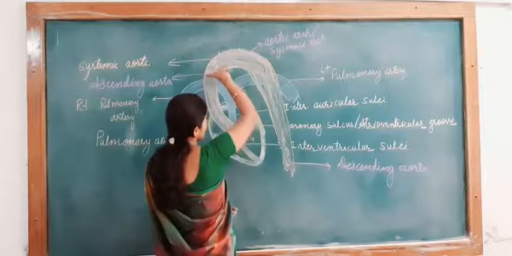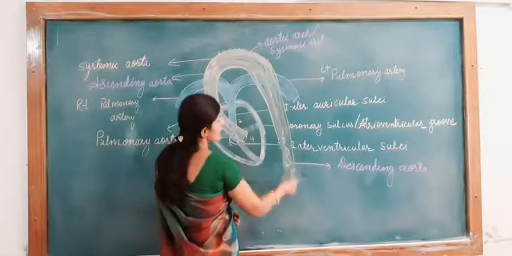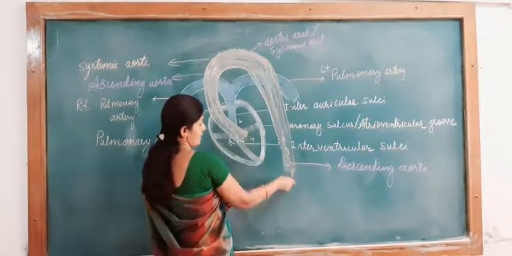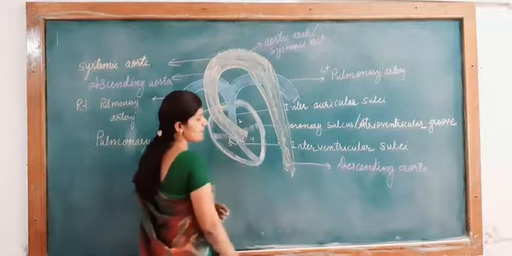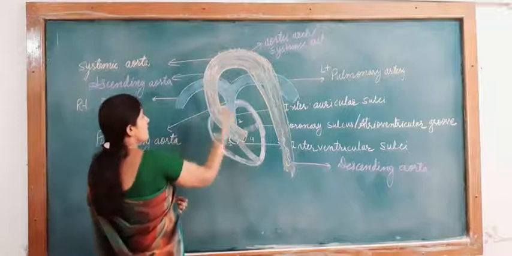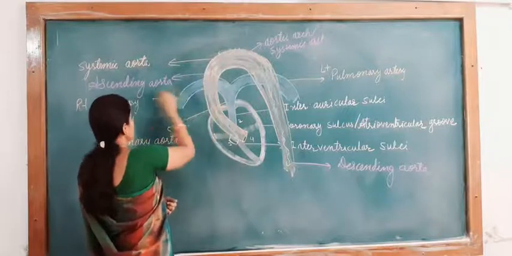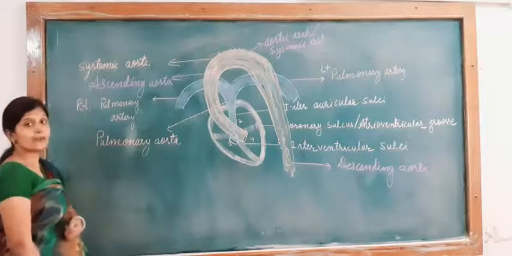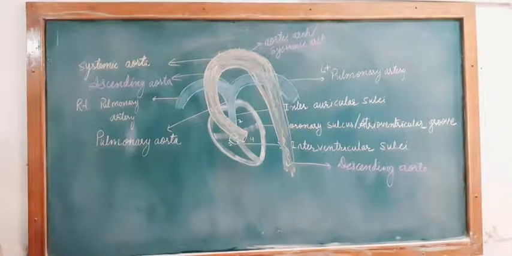From here to here it comes down, that is the descending aorta, meaning blood descends downwards. And where the blood moves upper side, climbing up, that is the ascending aorta. So in this way, the systemic aorta is divided into three: ascending aorta, aortic arc or systemic arc, and third, the descending aorta.